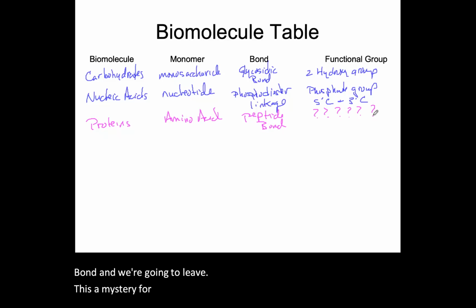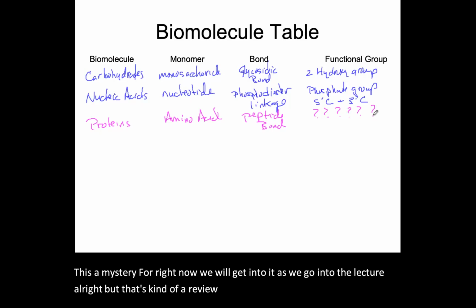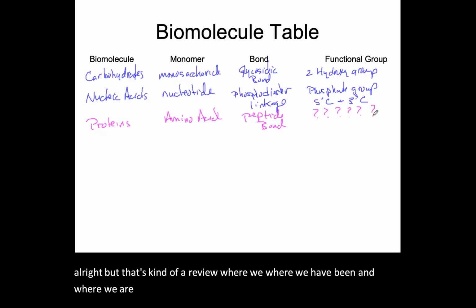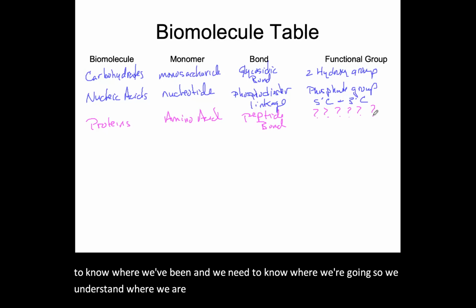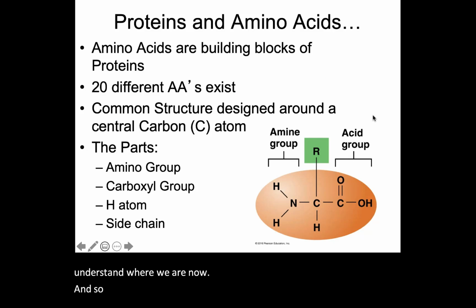We will get into it as we go into the lecture. All right, but that's a review of where we have been and where we are going. Both of those things are critically important. We need to know where we've been and where we're going so we understand where we are now. And so with that, let's jump into it.